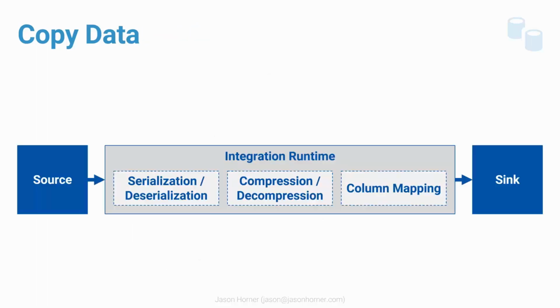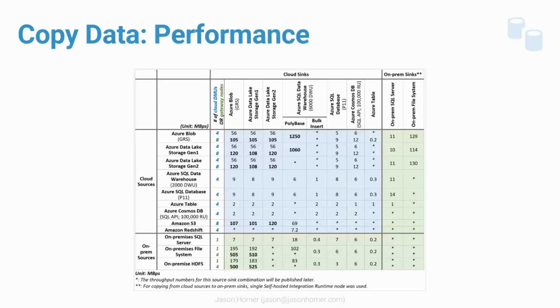When you go through this copy data, the data is going to be serialized. Depending on what you've specified, it might get compressed or decompressed, and then there might be some column mapping going on. So it's going to move from the source to the sink, and a lot of the work is going to be done on the integration runtime. An important thing to call out, and I believe this is still accurate, although they haven't republished this recently, is notice the different performance characteristics of moving things.